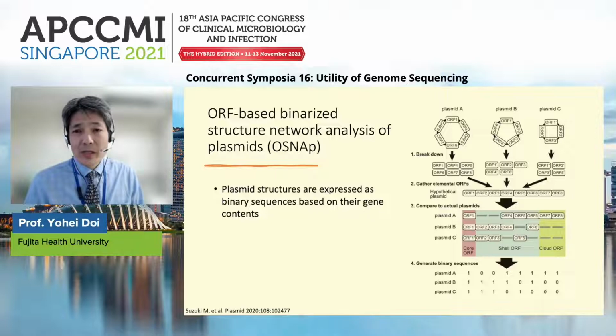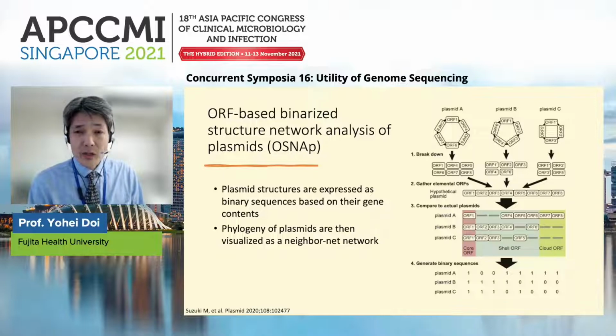If a plasmid sequence has a given gene, it gets 1. And if it doesn't, it gets 0. So every plasmid is expressed as a series of 1s and 0s, irrespective of the direction or order of genes, which tend to be unstable in genetic structures like plasmids.